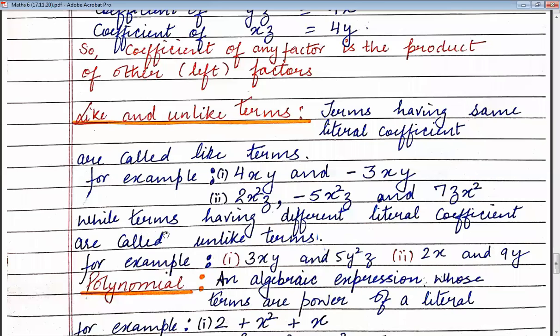While terms having different literal coefficients are called unlike terms. For example, 3xy and 5y square z. Children, you can easily figure it out that here the literal is xy and here it is y square z. So they are not same.